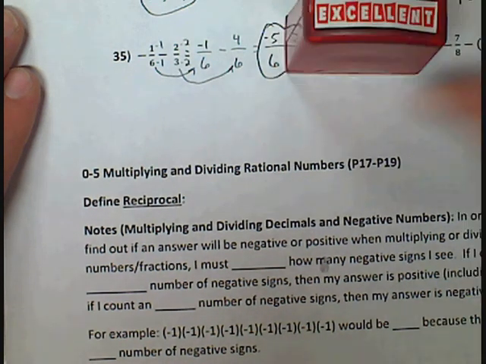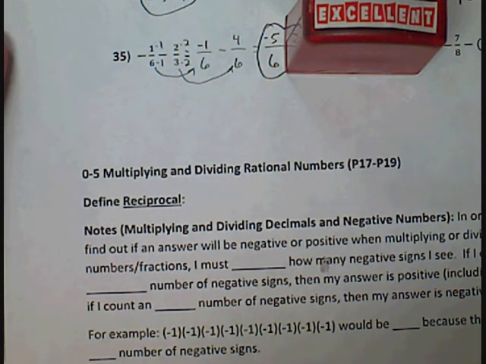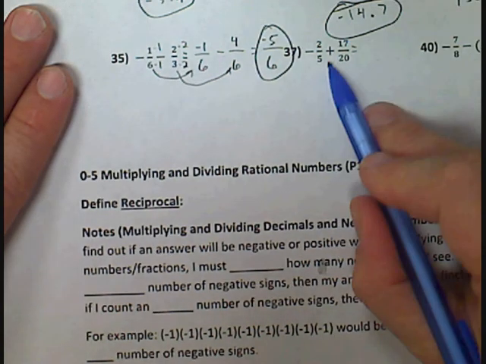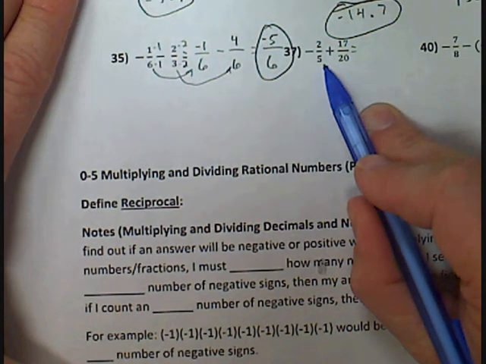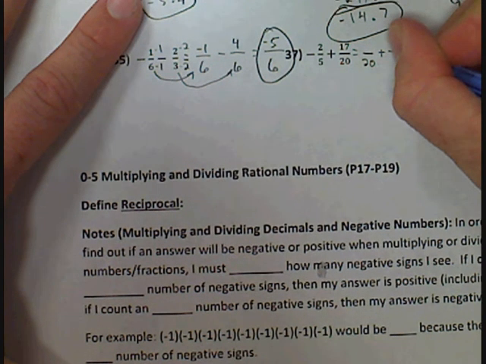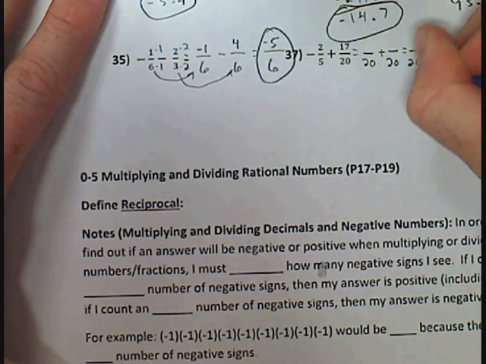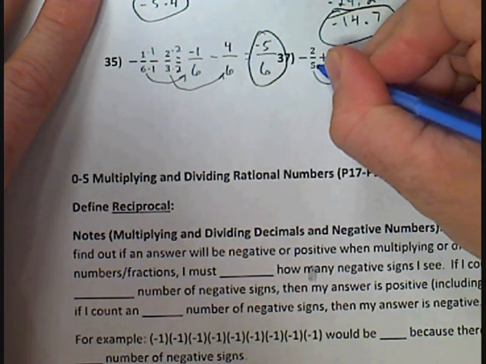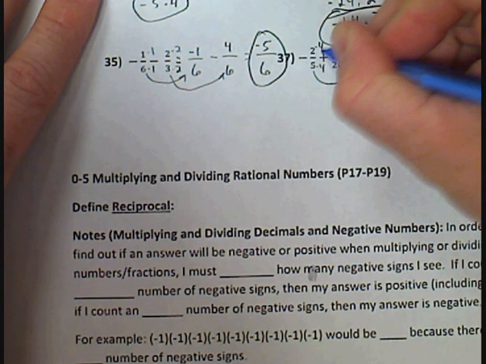Pause the video on 37 and try. Different denominators. My least common multiple would be 20. Something over 20 plus something over 20 equals something over 20. How did I get from 5 to 20? Times 4. So I've got to do the top times 4.